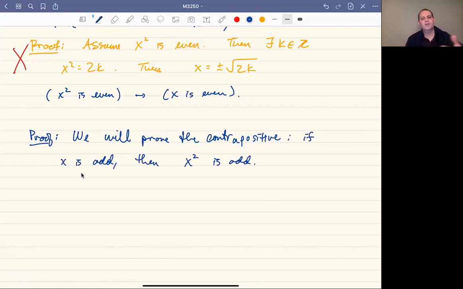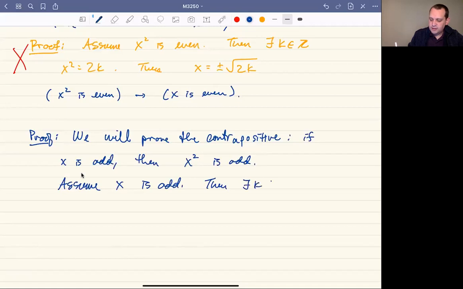And of course, that's equivalent to what we said before, because any implication is equivalent to its contrapositive. So let's prove that if x is odd, then x squared is odd. Well, assume x is odd. What does that mean? That means there exists an integer k so that x is equal to 2k plus 1.